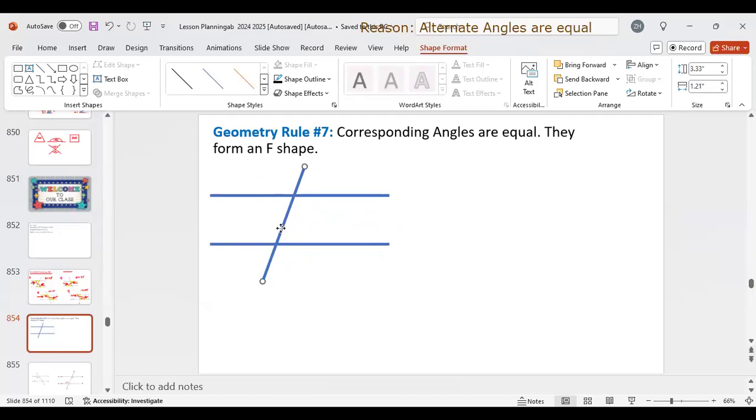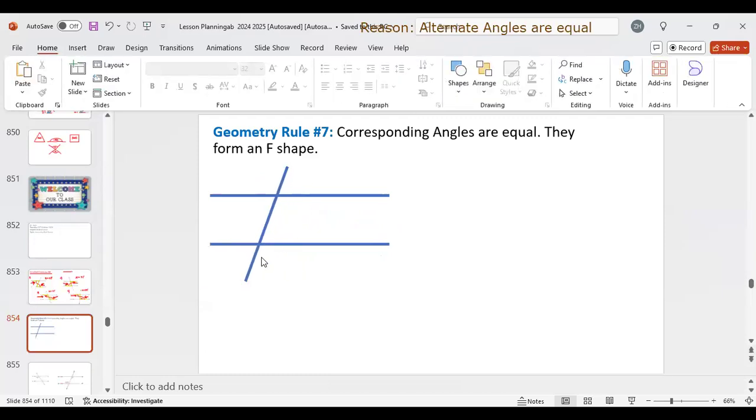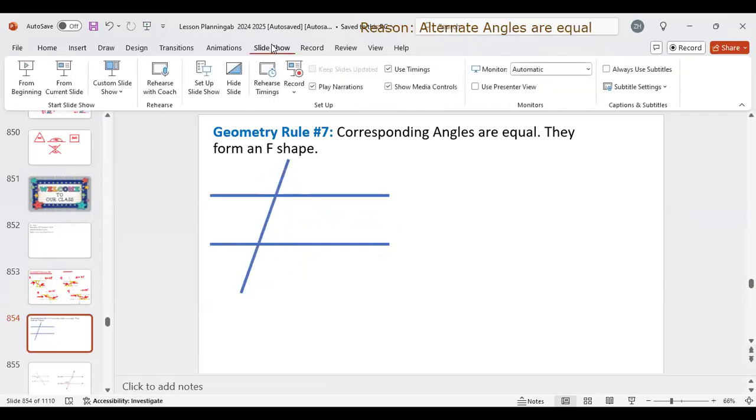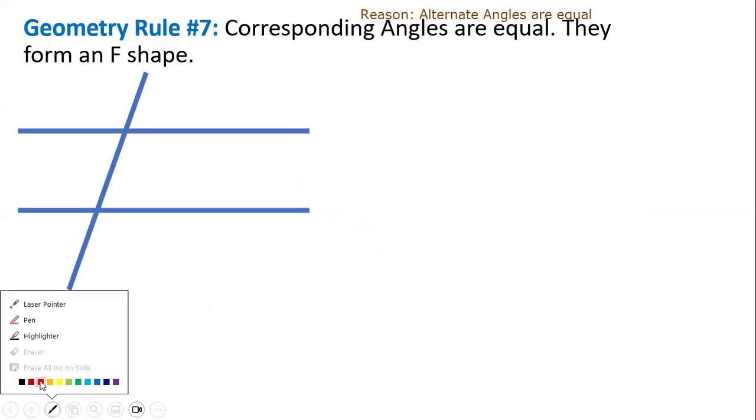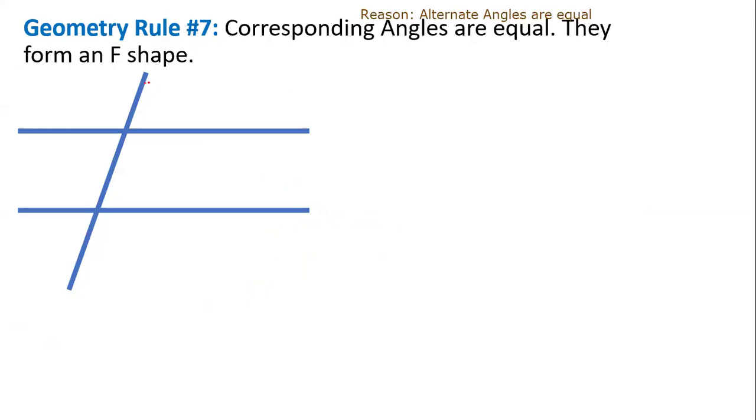Okay, good. So let's say that this is 65 and this is X, right? What would the size of angle X be?